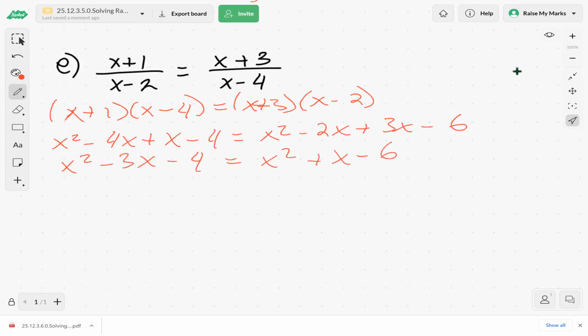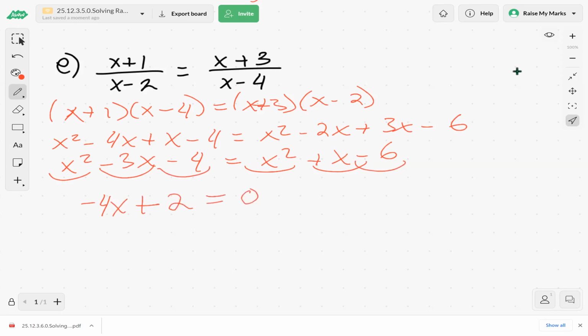Let's bring everything over to one side of the equal sign, let's say the left-hand side. We notice our x squareds cancel out. Our x's, we have negative 3x minus x, so we get negative 4x. Then we have negative 4 plus 6, that gives us plus 2.